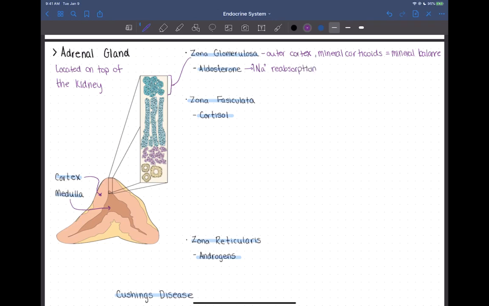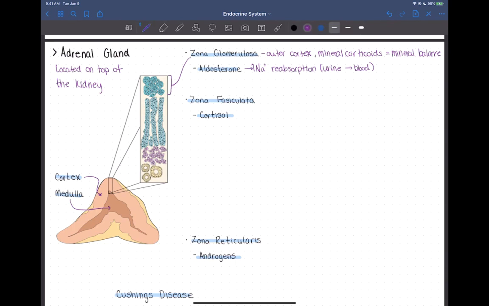With reabsorption, this is a term we use when we're talking about the urinary system and the kidneys. All we are saying is that something is going to be taken out of the urine and put back into the blood. So we're going to increase the sodium reabsorption, so that would elevate sodium levels in the blood.